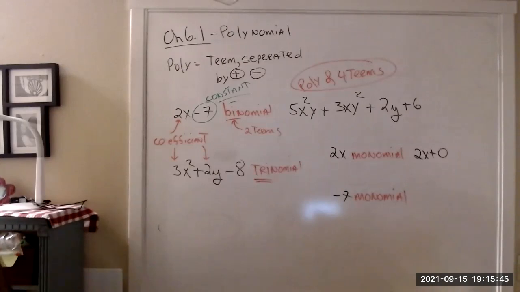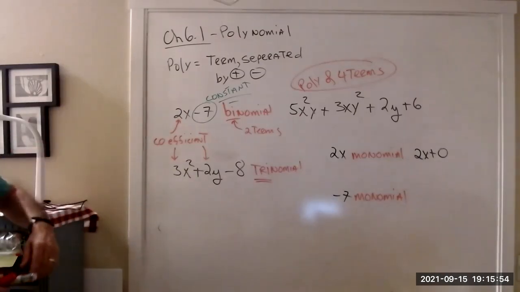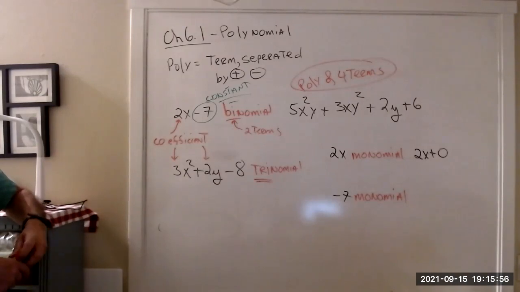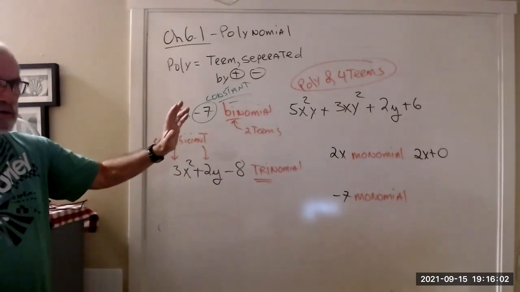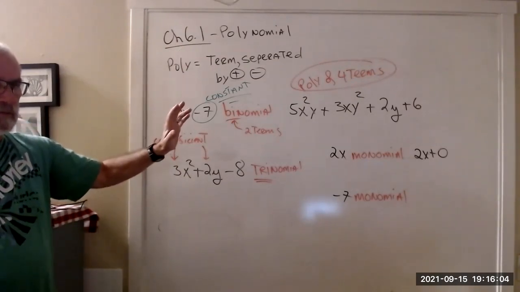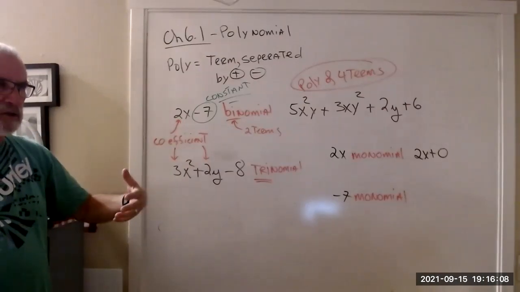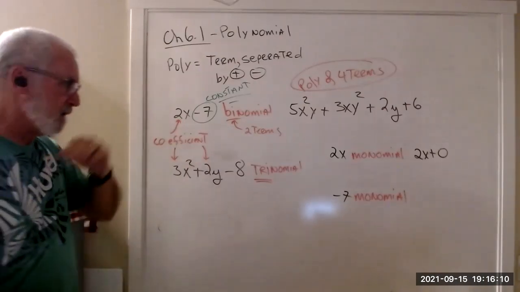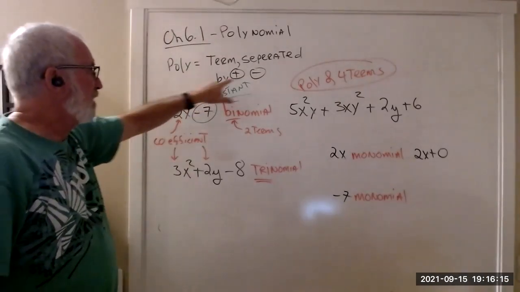Now, I'm not going to be real big on testing your vocabulary. I'm not going to have matching where you have to tell me what these terms mean. But when you read directions or when I write directions up here, you do need to know these words. Because these are the building blocks for bigger ideas. So again, polynomial means a whole bunch of stuff either being added or subtracted together.